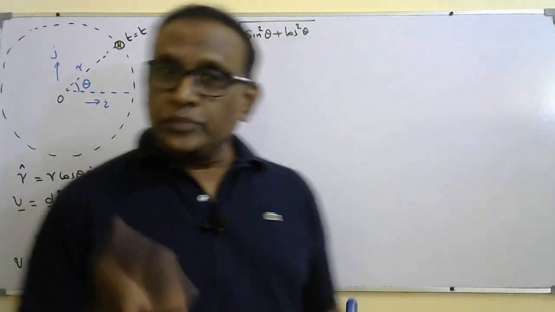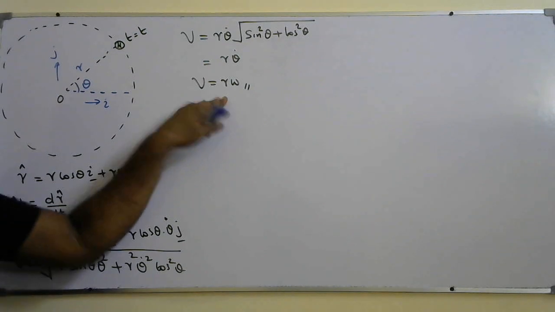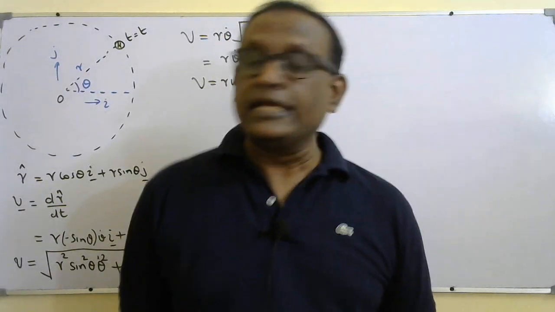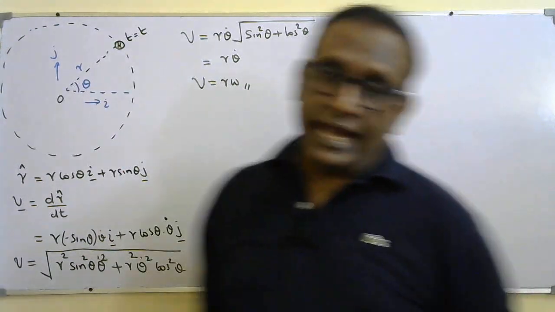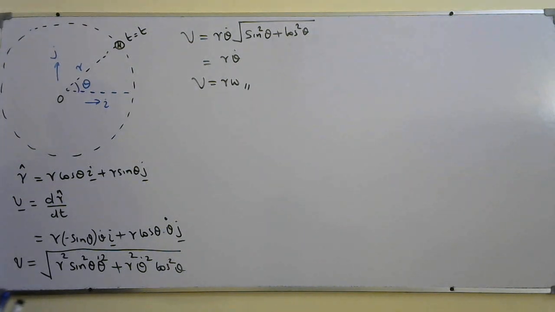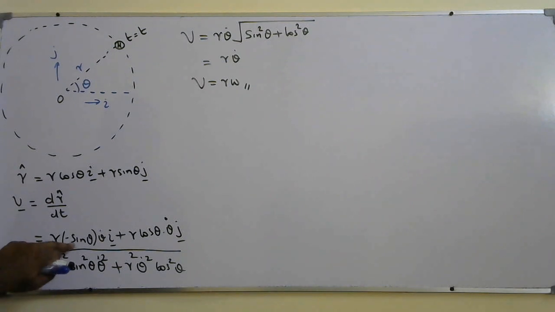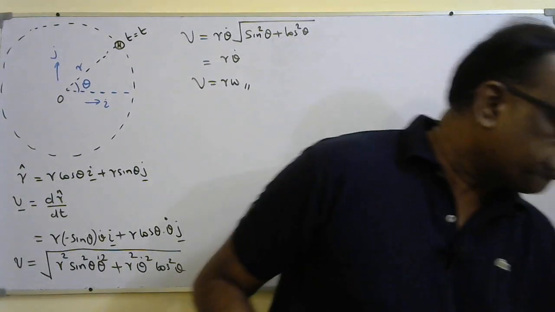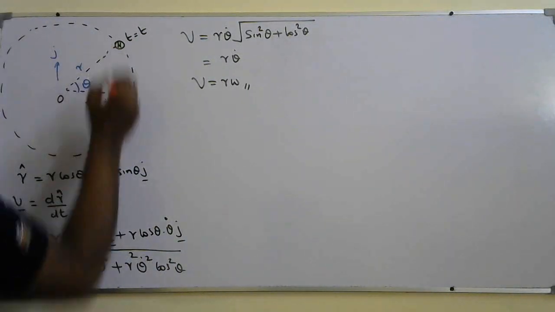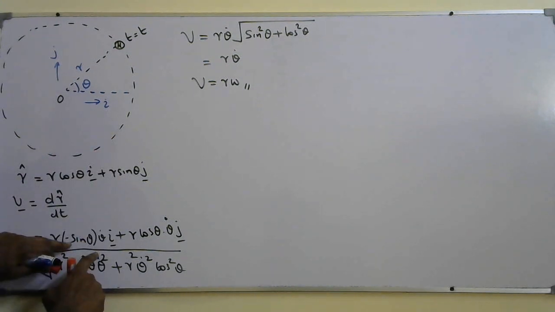Okay, now we'll see what could be the direction of this velocity. We found the speed, but what could be the direction of velocity? Will it be along the tangent, or towards the radius, or some other angle? We will find it. So at that instant the x component is given by minus r sin theta theta dot i. Minus i is taken towards left, since i is towards right.